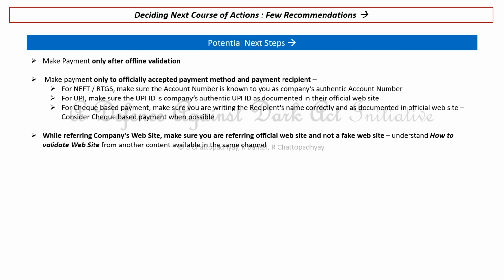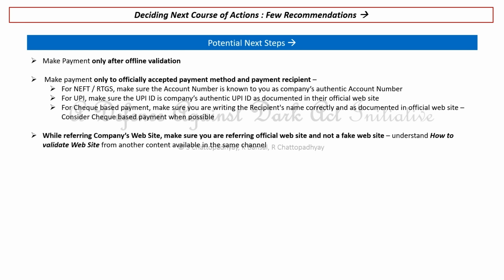Now, with all the information that you could collect during this due diligence, during this situation analysis, you should now have the ability to decide the next course of action. You must make payments only after offline validation. That's the recommendation. If you're making payments, you should always make them only through officially accepted payment methods.